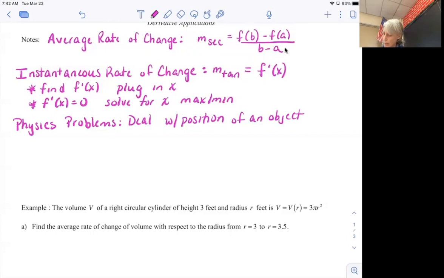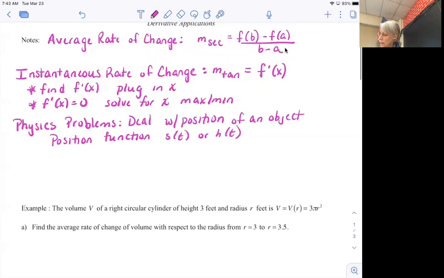When we do that, we're always going to start with a position function, and more often than not, it will be given to you as s of t or h of t. These functions relate distance and time, and we'll talk about that more in just a moment.